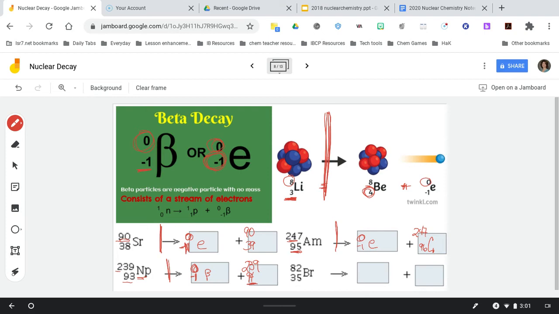Oh, my goodness, I have not filled in any of my symbols. Let's look up this problem first. 96, that element is going to be curium. I apologize for that. There's curium. When I come back and I look at element number 94, this is plutonium. When I look up element number 39, that is yttrium.